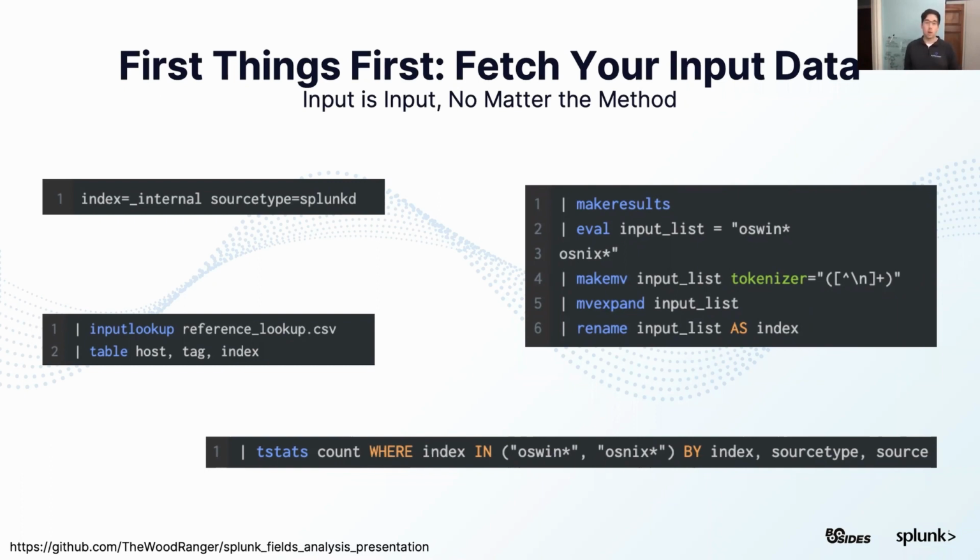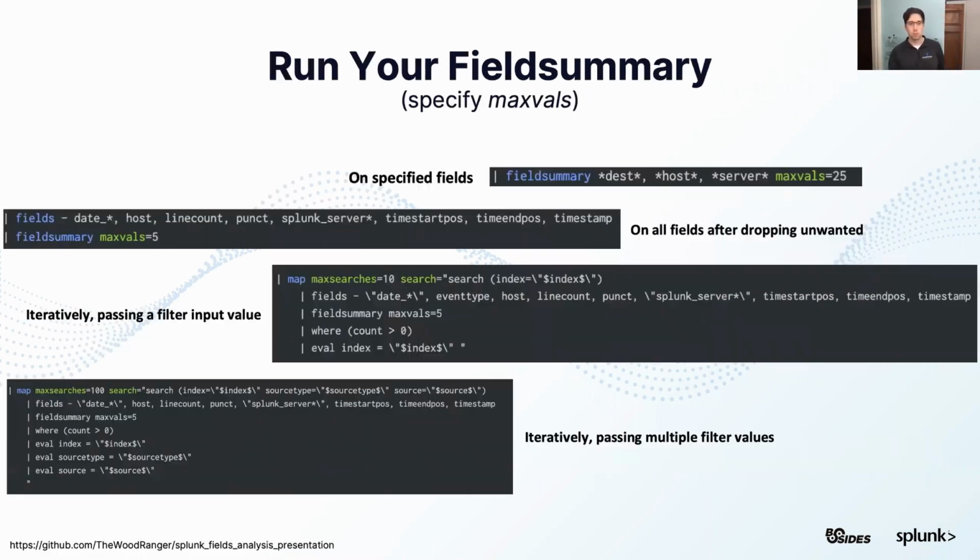Now, once we've got our data, next, we run our field summary. As you saw in the previous slides, the format that the field summary takes will vary in two primary ways. One, the direct field summary on the data available at time of call. This is just a straight up call to the command, right?